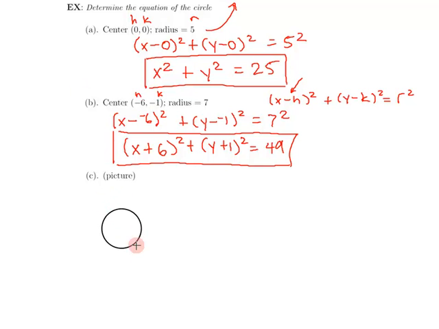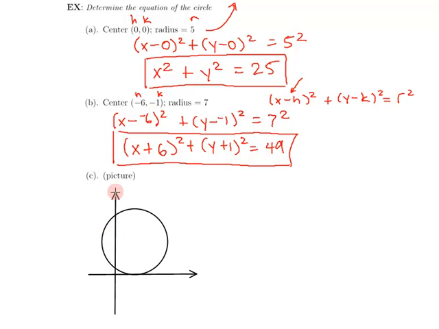Here we go. Okay, and let's just say, for instance, that we have our x-axis here, and let's say our y-axis is here, in such a way that this is 1, 2, 3, 4, 5.